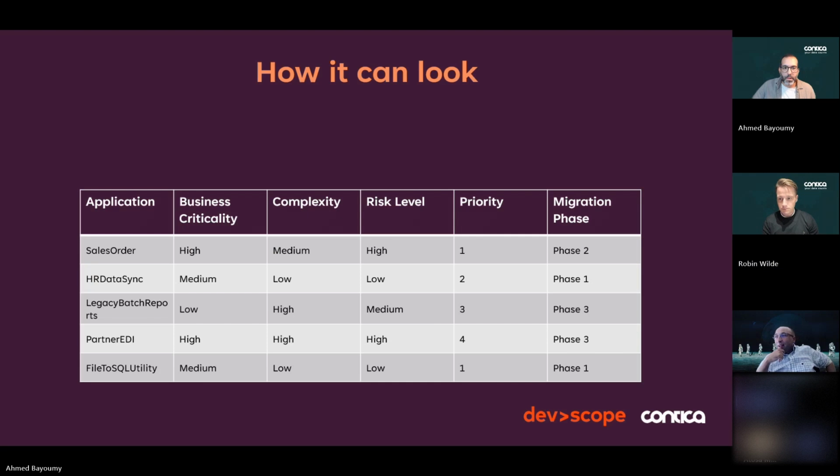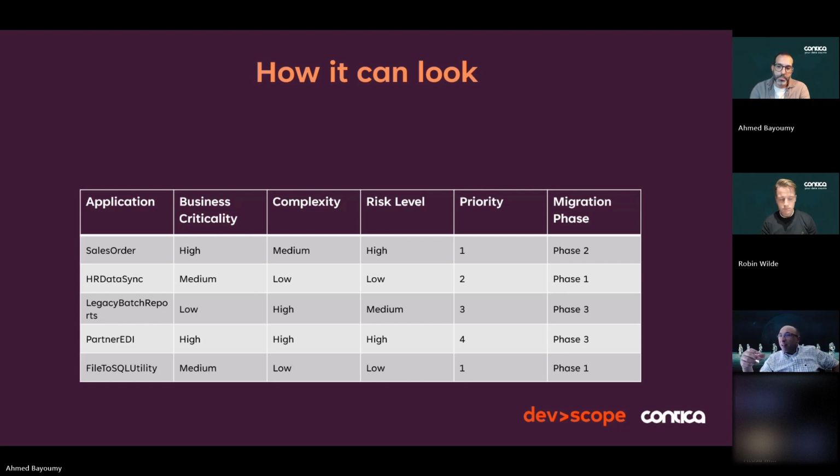Yeah, so at the end, it doesn't necessarily have to be something like this, but this is a sample. It can be less complex, more complex, with more columns or fewer columns, but at least you get this kind of result where you have all your BizTalk applications, defining how critical they are for your business or not, because we need to know this.